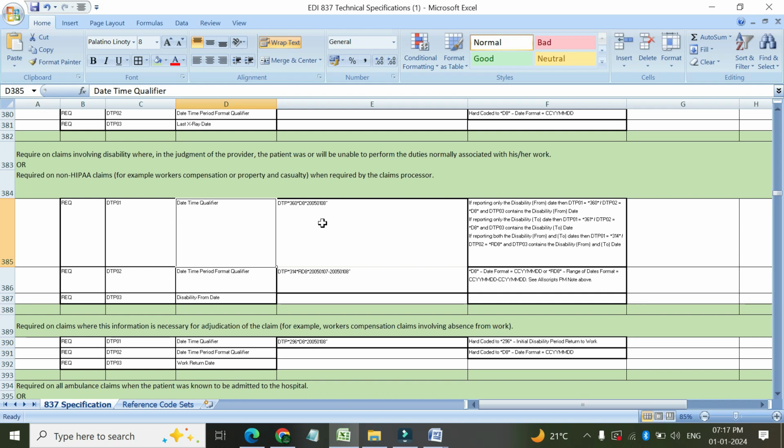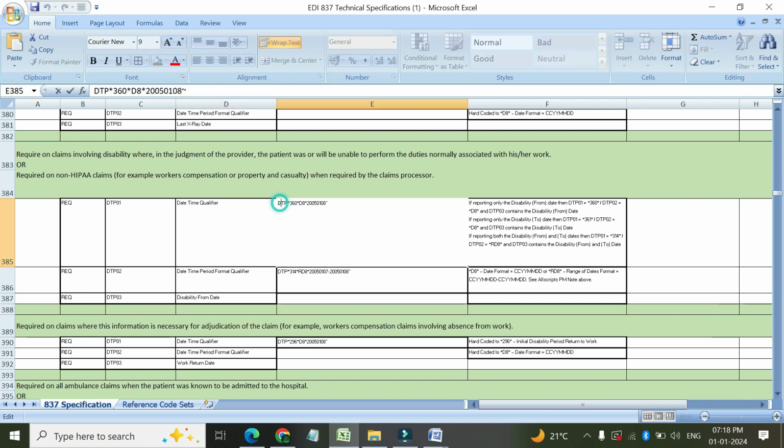This is for disability dates. Again it's a DTP segment, the qualifier is 360, and then the disability date is mentioned here. You can send only the disability from date, or the disability to date, or you can send both.